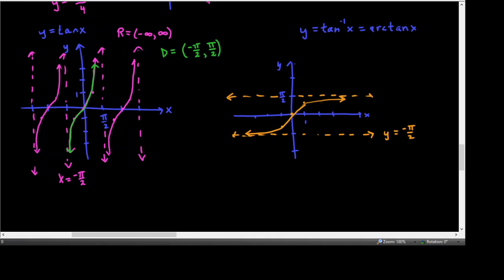So what is its domain? All reals. No surprise, that was the range of the original function. What is its range? Well, on the low end, you're bounded by negative pi over 2 without actually ever reaching it, and you're bounded above by pi over 2, again without actually ever reaching it.